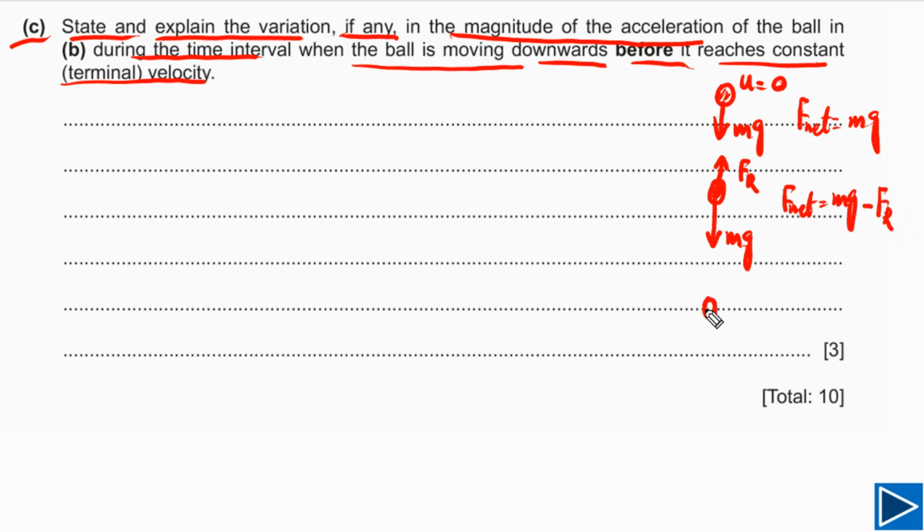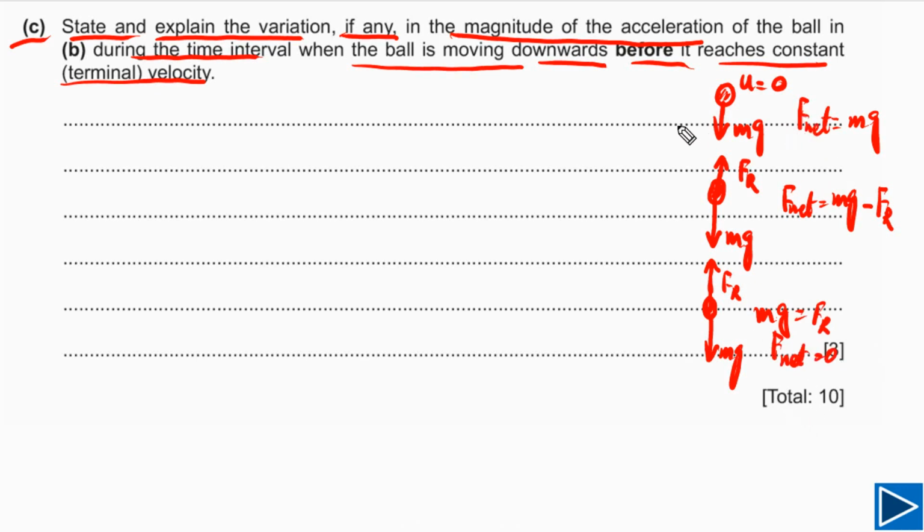If we go to the final point, when the ball has reached terminal velocity, at that point you will see that the forces are balanced, or we can simply say at this point mg is equal to Fr and the resultant force at this point will be 0.